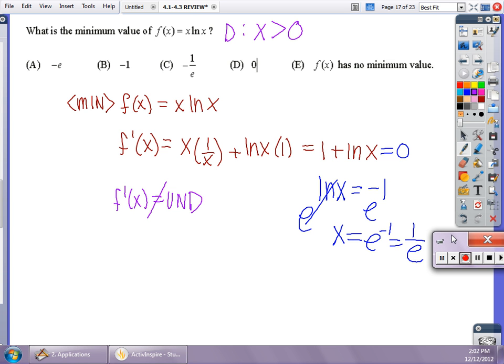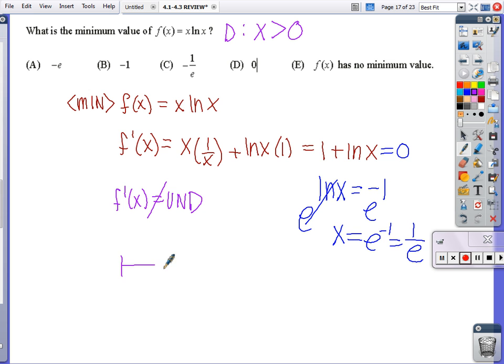So now that I have that, I'm going to do my sign chart for f prime. Here's 0, and here, let's see, 1 over e, or e to the negative 1. The derivative is 0. In this case, we want to substitute in something smaller.